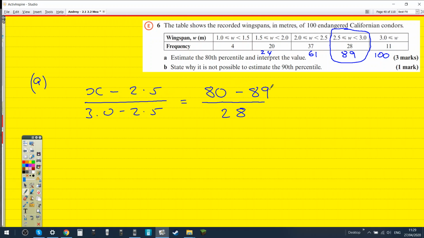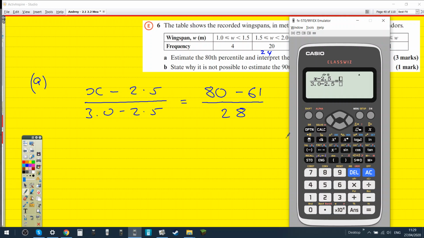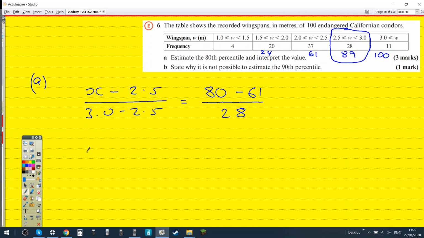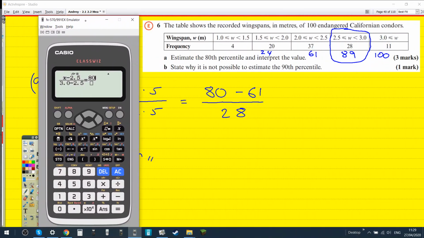This is wrong, 80 minus 89 is a negative number. This 89 is wrong. It's 80 up to that point. That should be 61. Try that. Yeah, I've got 2.84 now. 2.84 meters. And okay, how about B?